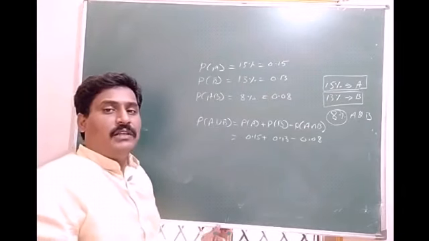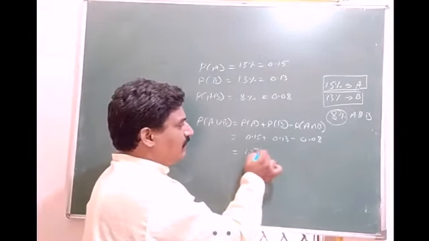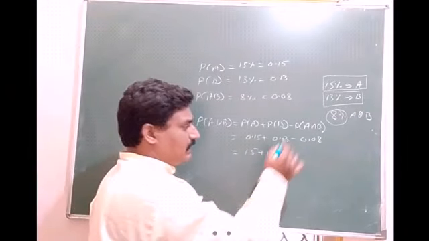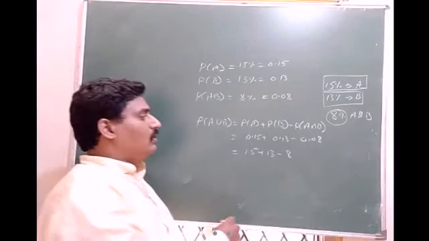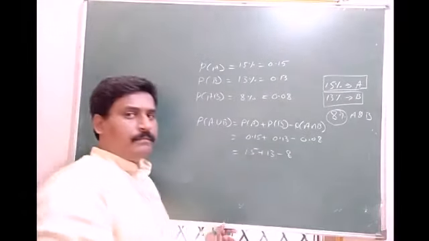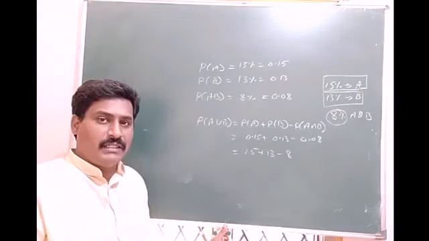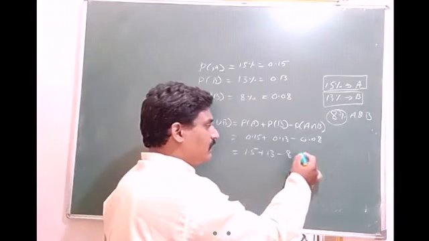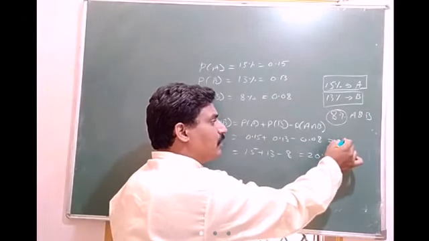Or else, if you want to show the answer in percentage, you can write 15 plus 13 minus 8 in any form. So 15 plus 13, 28. 28 minus 8, that is 20%, or 0.2.